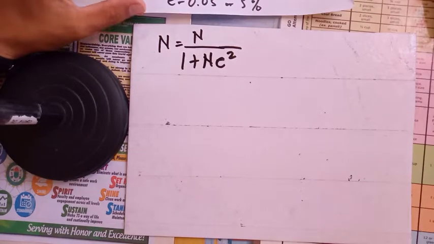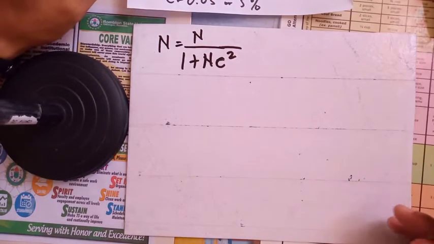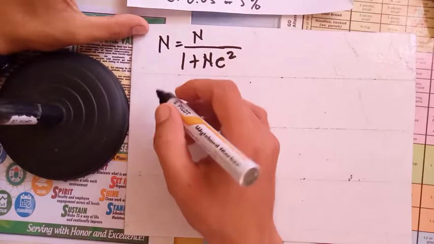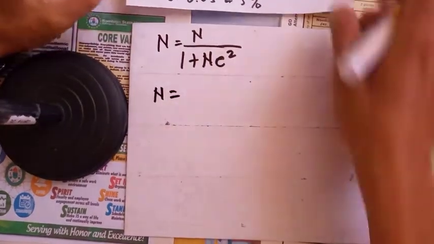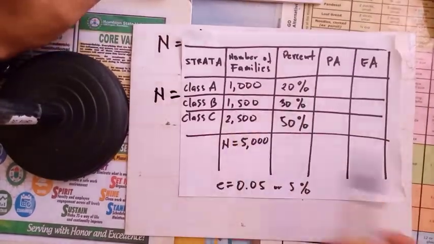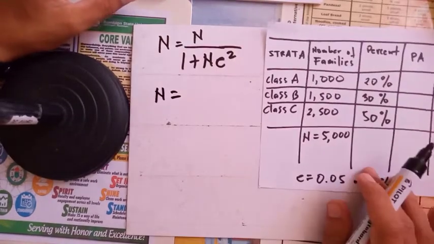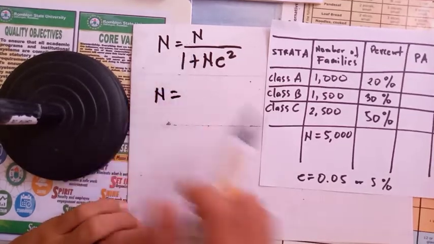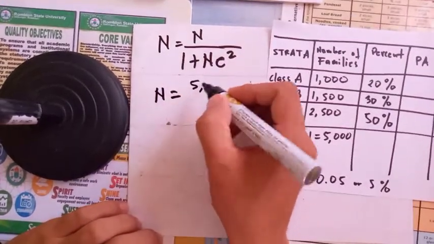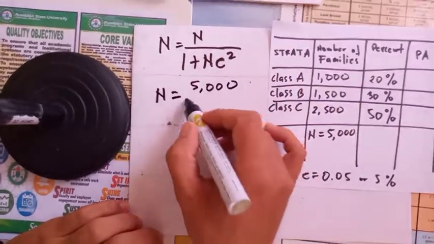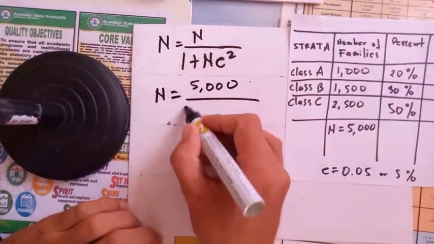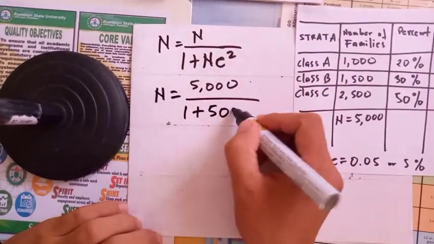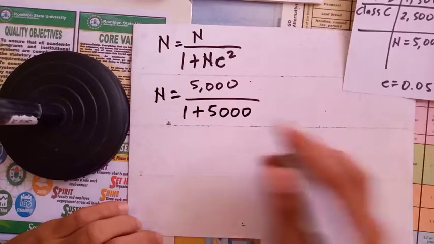So now we have to substitute the given into our formula. Our N in our example here is equal to 5,000. So we substitute this N to 5,000. So that will be 5,000 over 1 plus N, 5,000, and our E. What is our E?